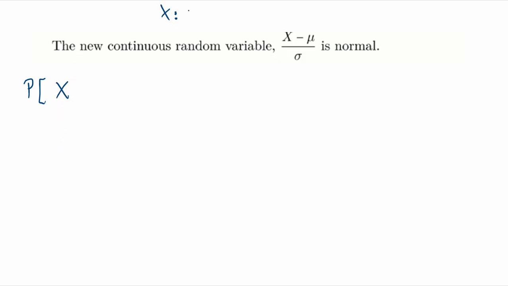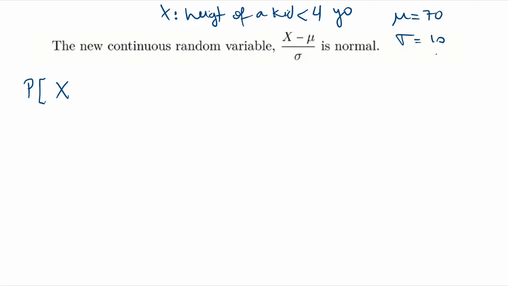So x is the height of a kid less than 4 years old, and we know that it has a mean of 70 and a standard deviation of maybe 10, or 10 is too much, 8, I don't know. So you have a normal with mean 70 and standard deviation 8.